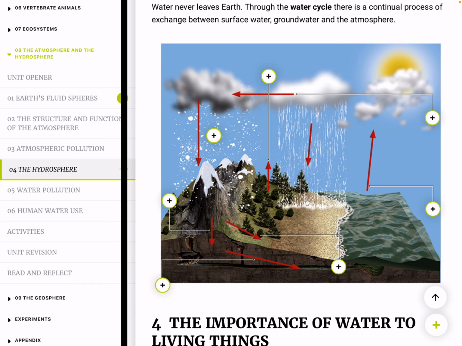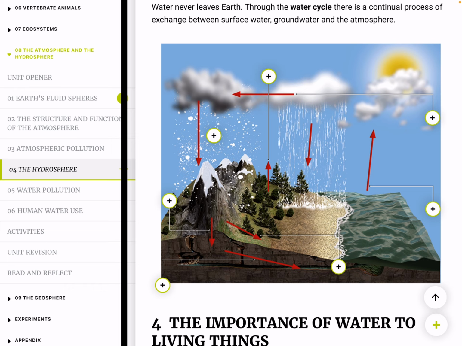So in general we can consider the water cycle as a continuous movement due to the action of two engines, the sun and the force of gravity. So the sun acts as an engine because it increases the energy of water.